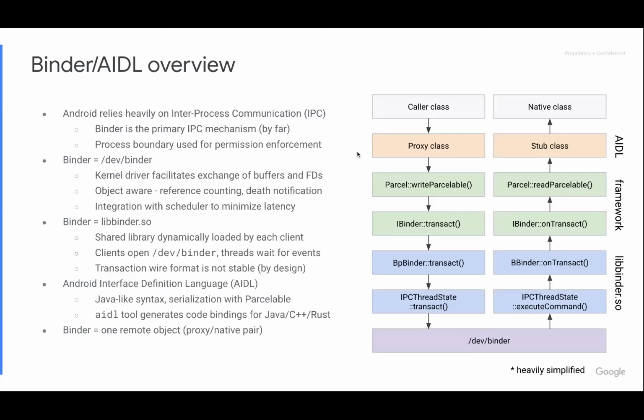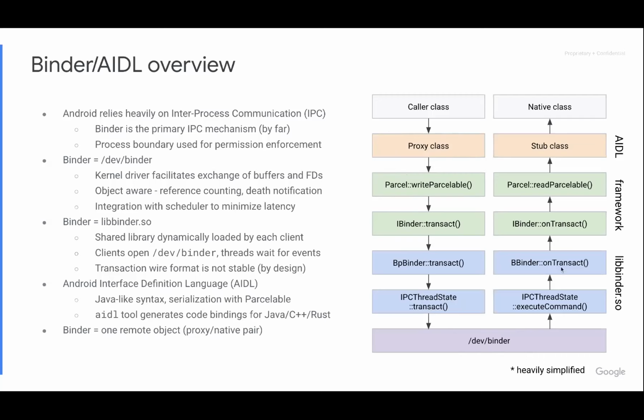This implements the AIDL interface, and when you call the proxy method, first this request is serialized using the Parcelable framework functions, and then it goes down to the binder transaction methods, where it's converted to the wire format that Binder understands, and then goes through the IPCThreadState transact to the dev binder kernel module.